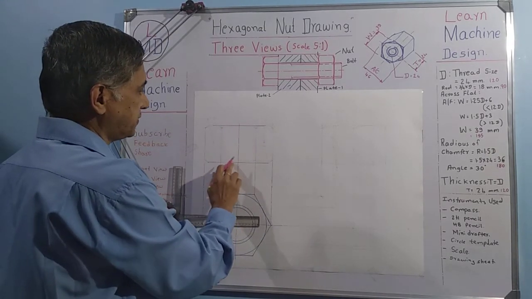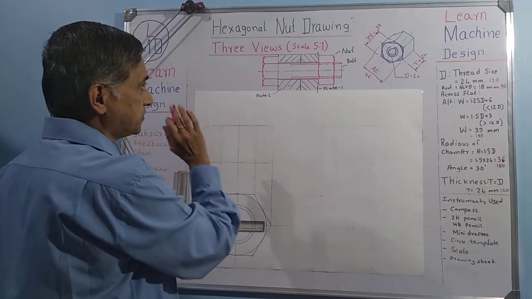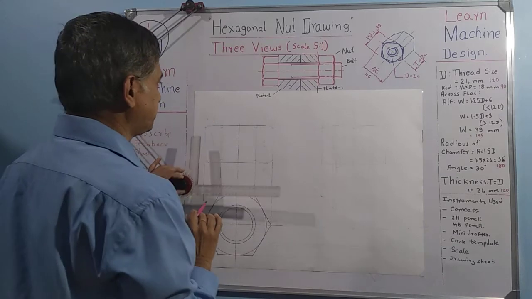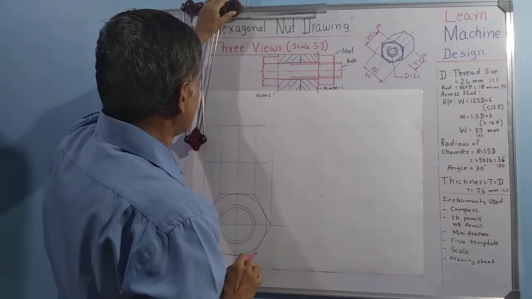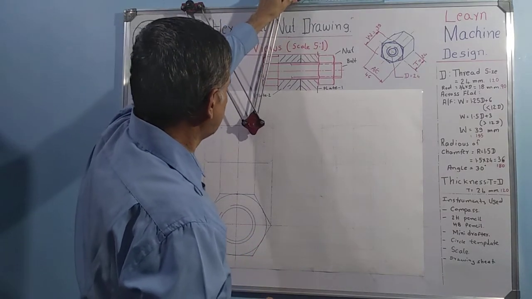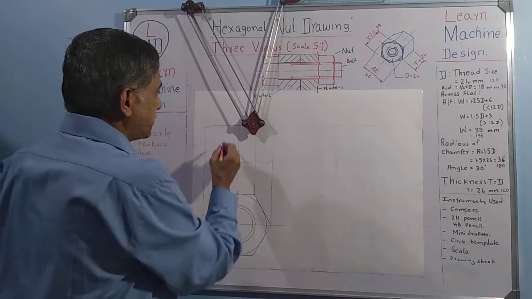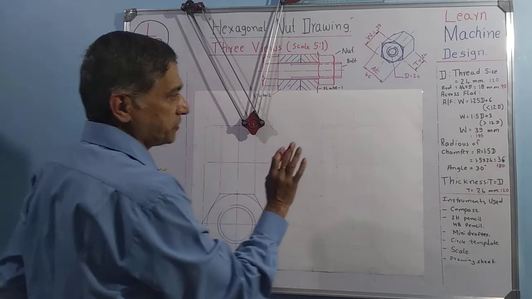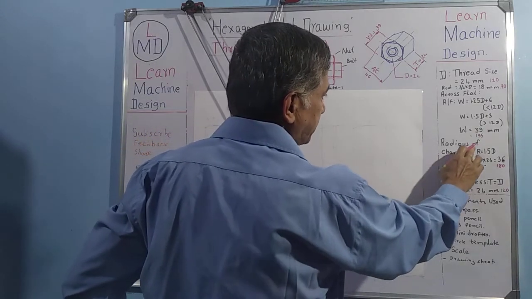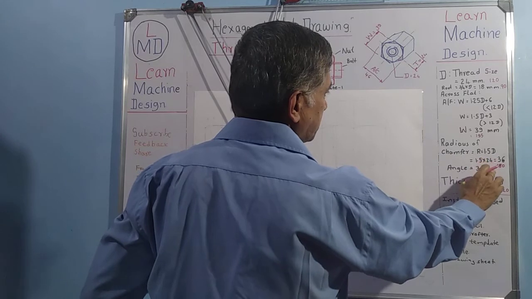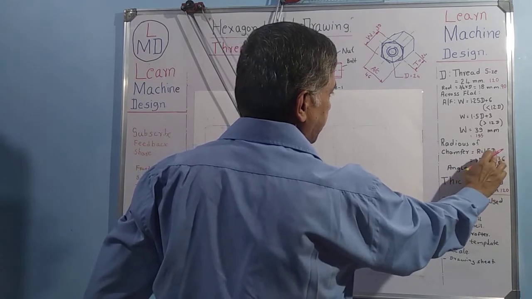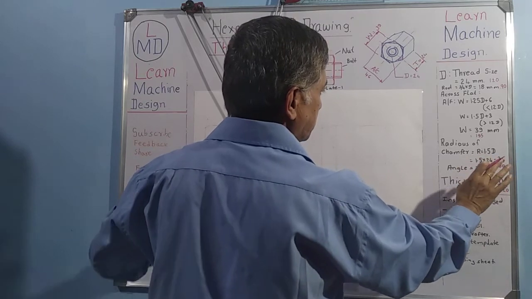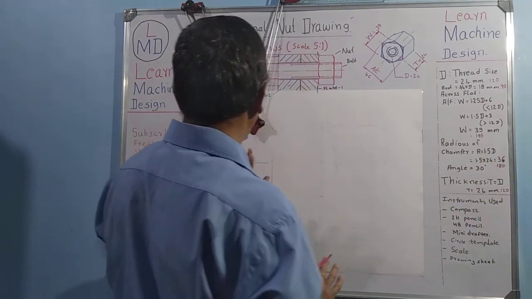The remaining thing is I have to draw the radius, because this has some radius here. How to draw the radius now? For the radius of this nut we have one formula: radius of the chamfer is equal to 1.5 into D, that is 36. For this case it is 180 mm.